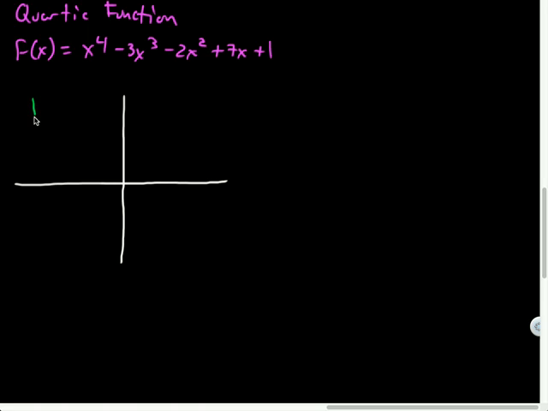In this case, it's going to be more of a W, but I'll give you credit for that theory. If it was an upside down one, it would have looked like an M. But yeah, you had the right idea. You knew that it was going to have that general form. So that's what this would end up looking like for a quartic.